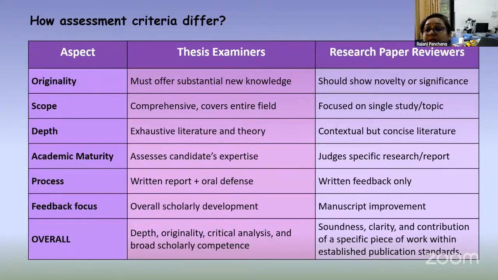Now, I already told you how a thesis and a paper are different. How does the assessment criteria differ in a thesis and a research paper? In a thesis, people are interested in knowing what new knowledge you created. In a research paper, they want to know what was novel.